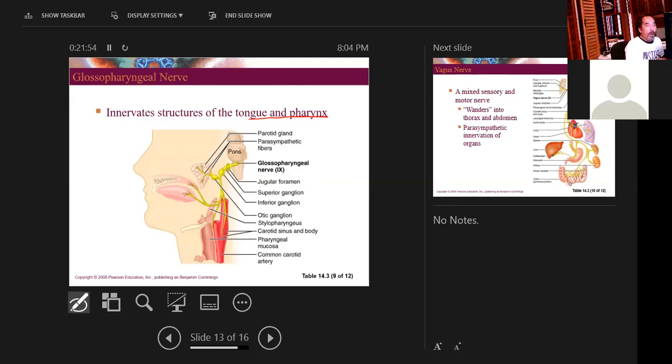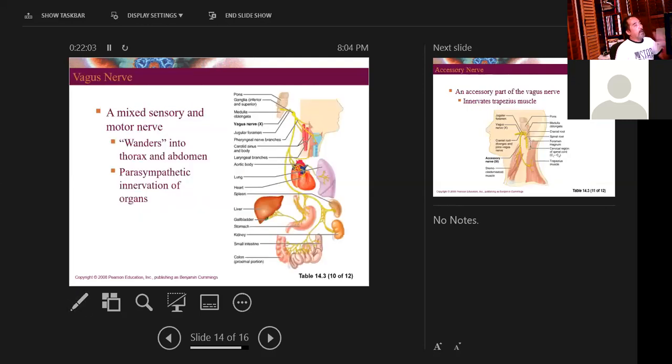Okay, so what hole do they pass through? Jugular foramen. Okay, that's 9. 10, vagus nerve. That's the nerve that actually exits out again at the jugular foramen, but instead of just going to the neck, they actually go to the thoracic, to the abdominal, and to the pelvic.